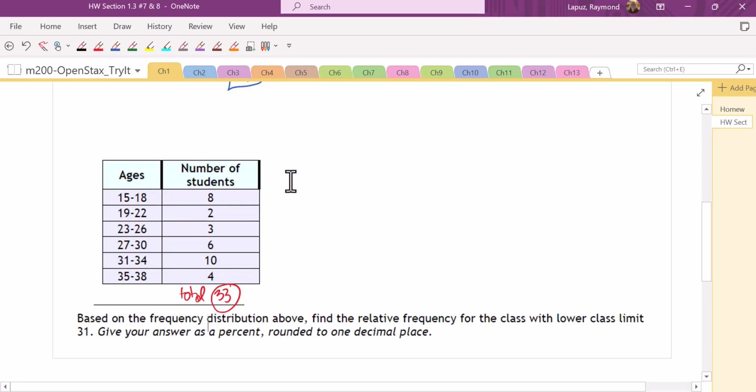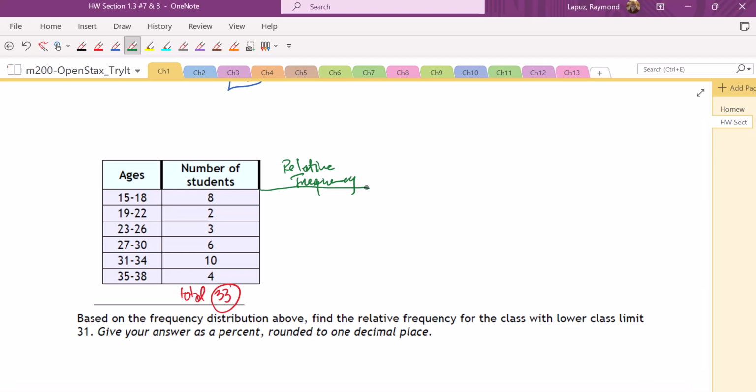So what we want to do to report the relative frequency is we can continue to have an appended table, or we can create a brand new table. Let's just append this table.